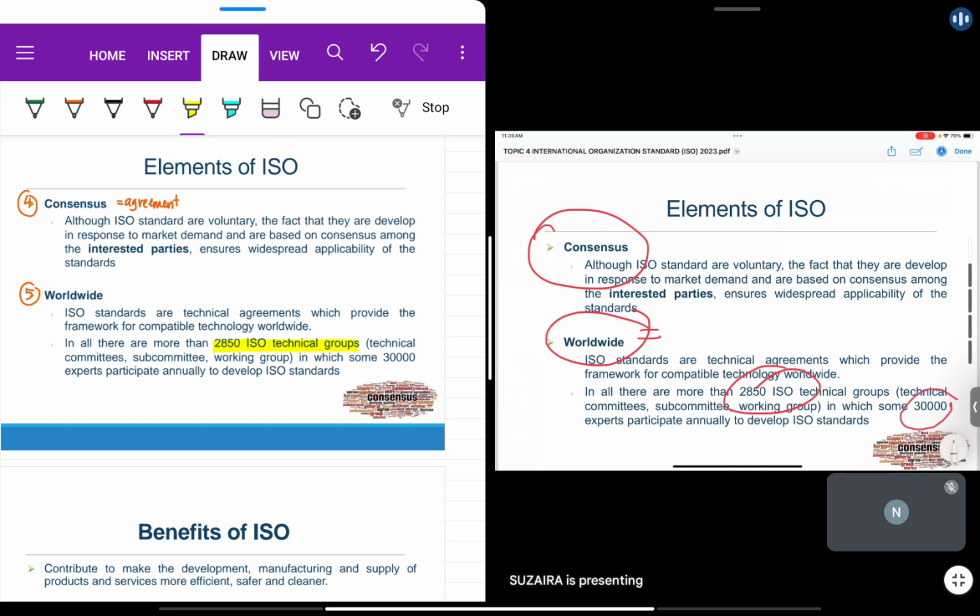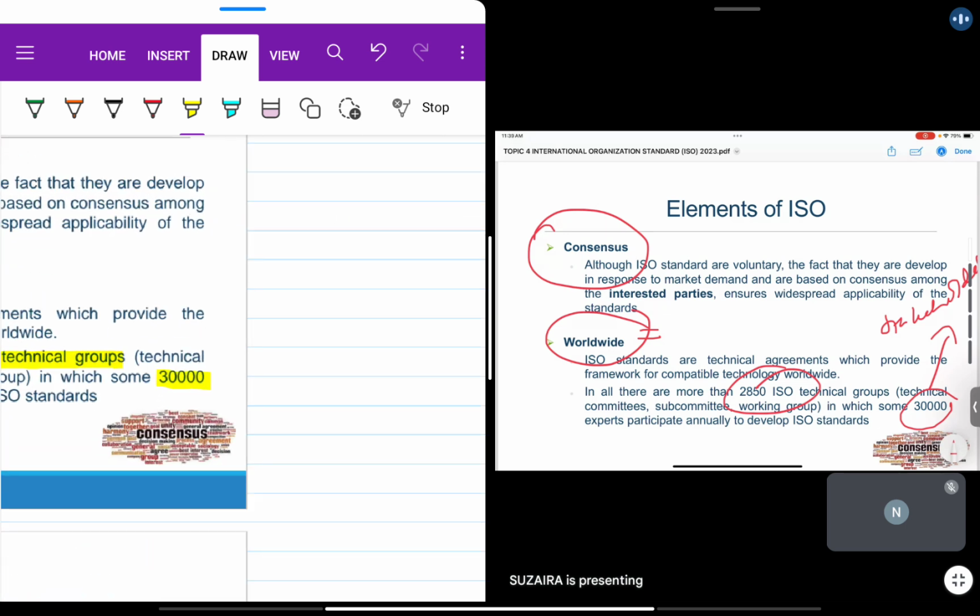Those experts are the people who represent the company, represent the industries, who are the stakeholders. This one is the stakeholder. So that would be the element for the ISO.